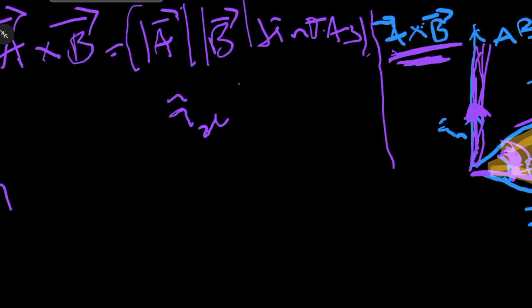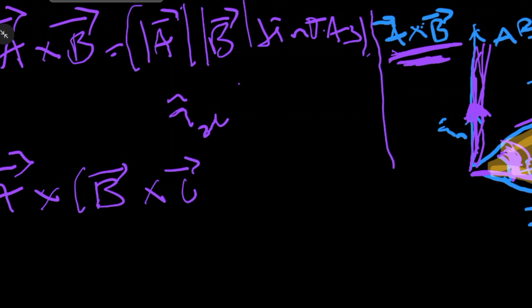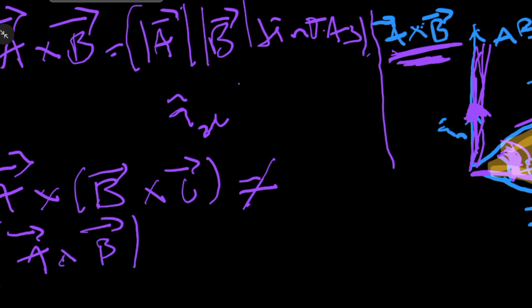Let's say we have vector A times B times C. What I mean by it's not associative here is that this is not equal to vector A times B, all in parentheses, times vector C. It's not associative.